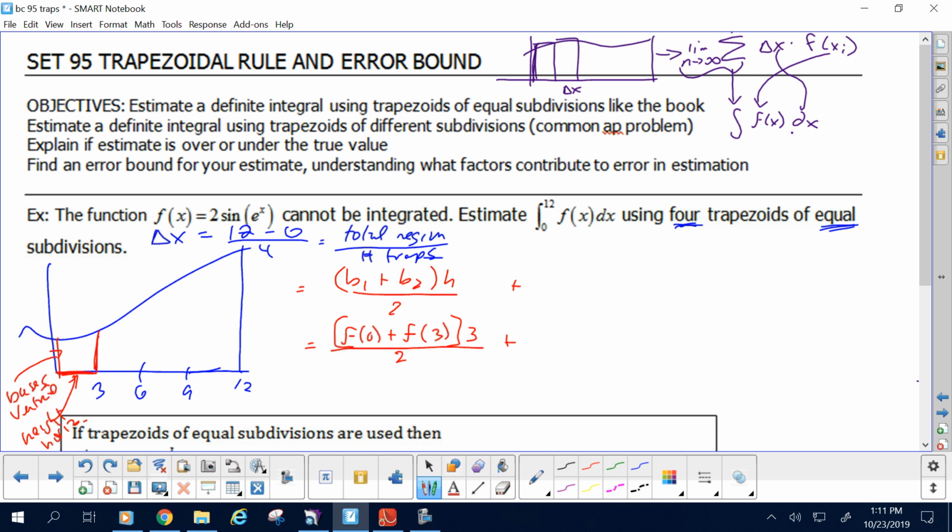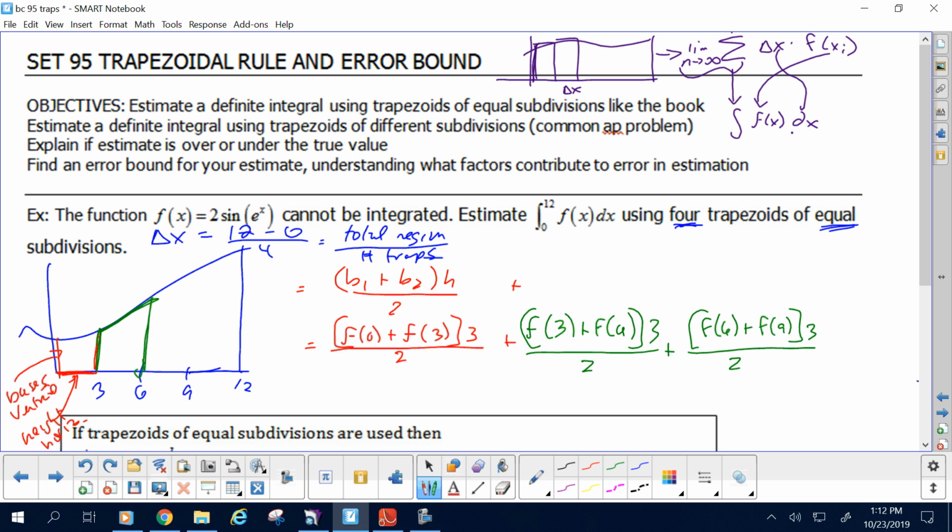That's a waste of my time. The trapezoid from 3 to 6 looks like that. So what's base 1 and base 2? F at 3 and F at 6 times what height? 3, divided by 2. Okay, third trapezoid. Bases? F at 6 and F at 9 times 3 divided by 2. And the last, F at 9 and F at 12 times 3 divided by 2.